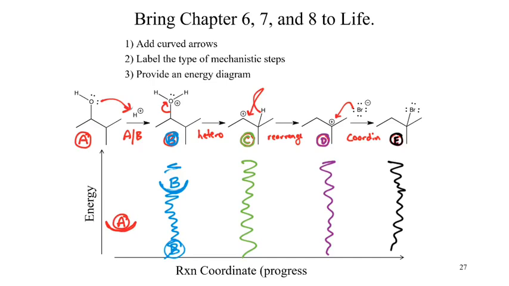So, C. Where should we place C relative to A? Well, C should be higher than A, right? Well, the question would be why? C is charged. So now where should it be with respect to B? They're both charged. Should I be placing C at the same energy?